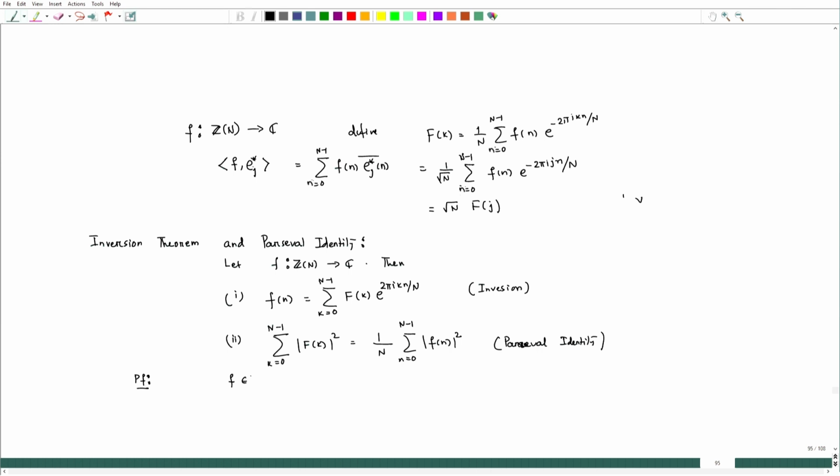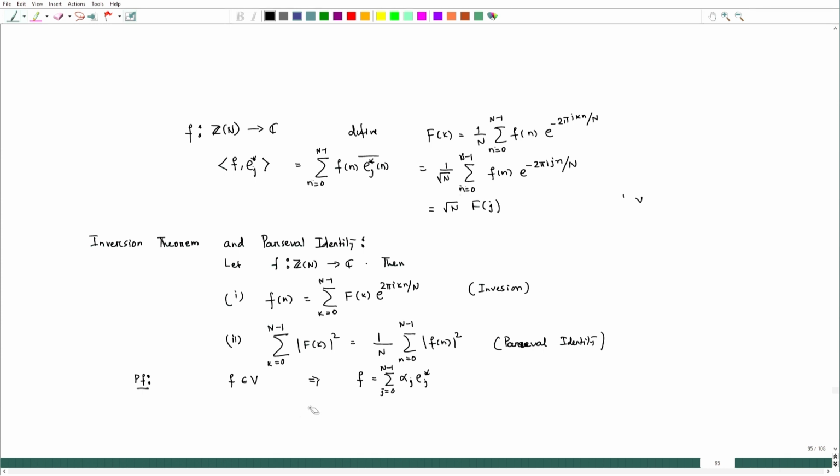f belongs to V, this implies that f is equal to summation over j from 0 to n minus 1 of alpha j e j star, because they are an orthonormal basis. So, I can express this. Now, what about this alpha j? This alpha j is going to be nothing but the inner product. Okay.